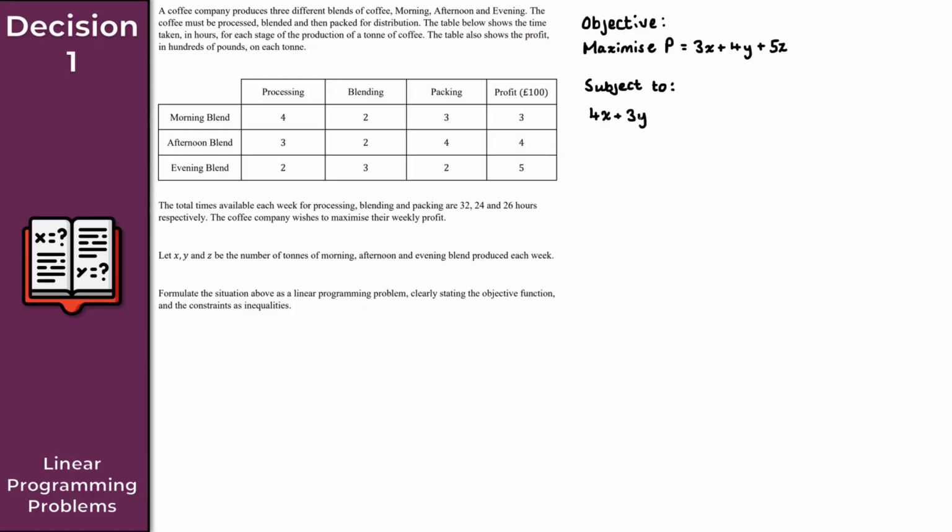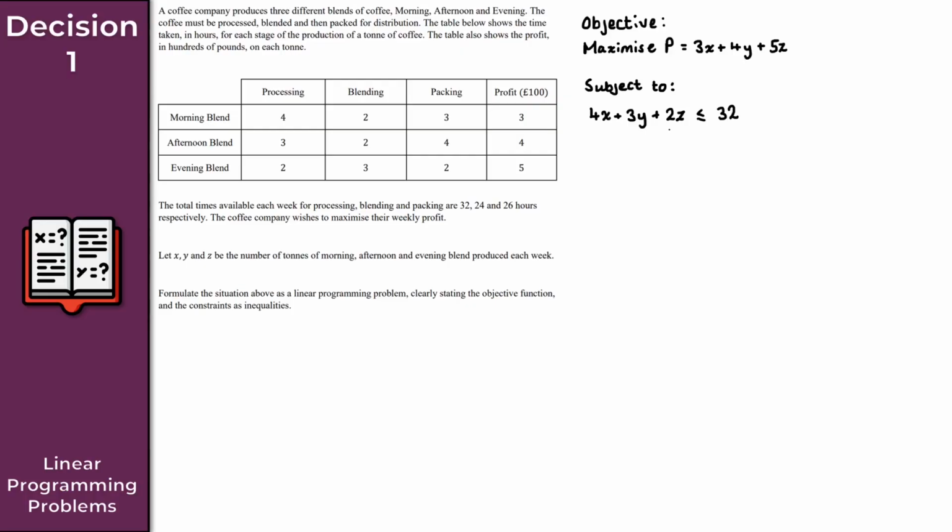This needs to be less than or equal to the time for processing, which is 32 hours. So 4x plus 3y plus 2z is less than or equal to 32.